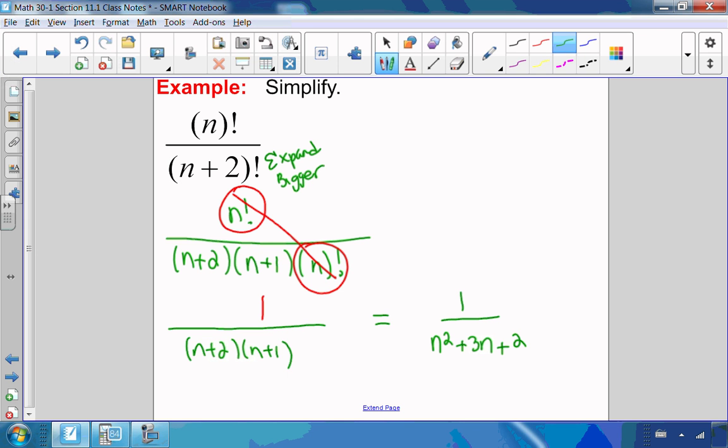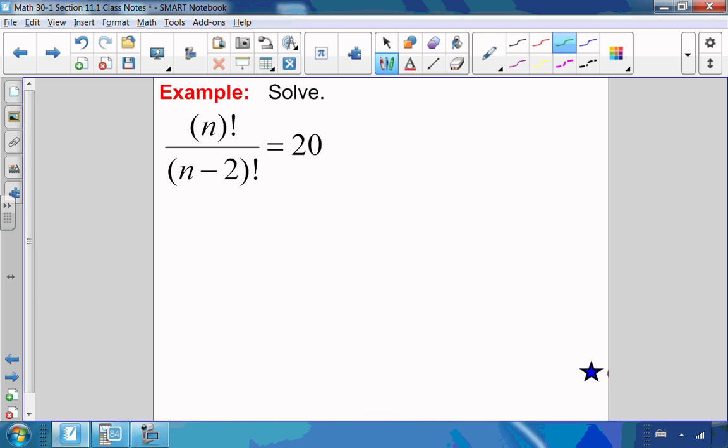Now that we've practiced factorials with expressions, let's add on a layer and make it an equation. Let's say I have n factorial over n minus 2 factorial equals 20. Same process. I'm going to expand the bigger. n is bigger than n minus 2, so I'm going to start by expanding that.